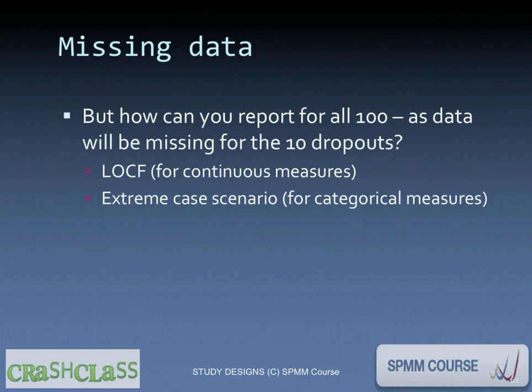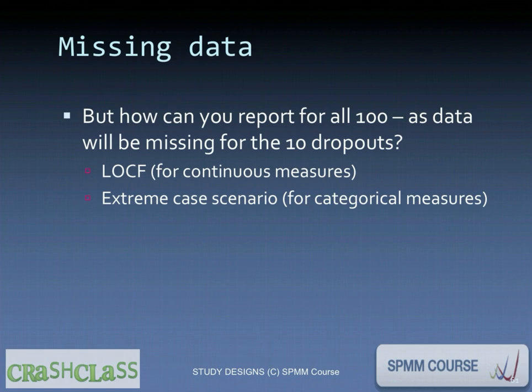LOCF is useful when you're using a rating scale for measuring an outcome. What if you use categorical cutoff points for measuring an outcome? What if you classify people into those who respond or do not respond, or those who get discharged from hospital or don't get discharged?